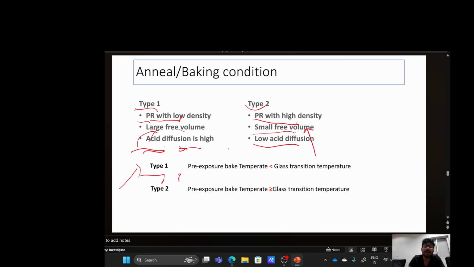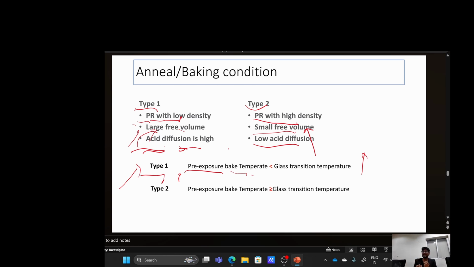For type 1 photoresist, the pre-exposure bake should be less than the glass transition temperature. If you do it higher than the glass transition temperature, it may get hardened, because of the low density and large free volume.